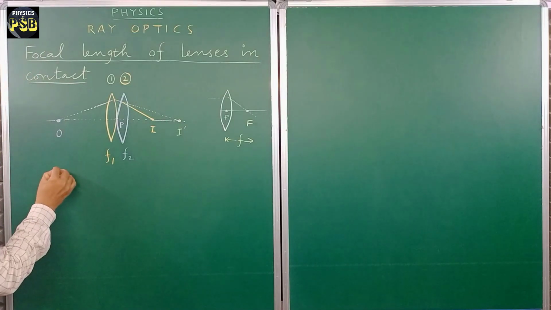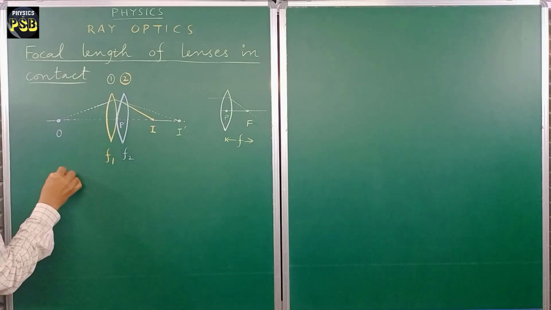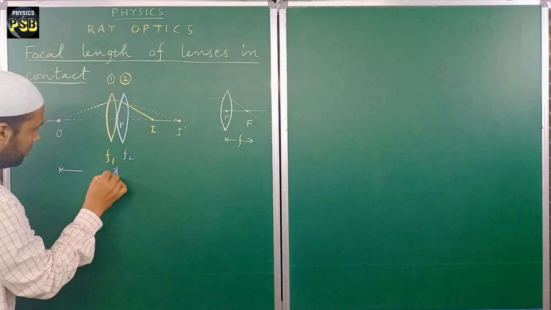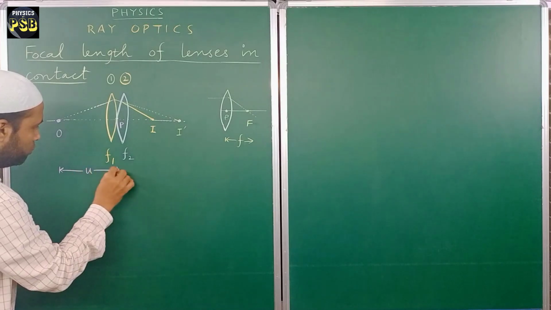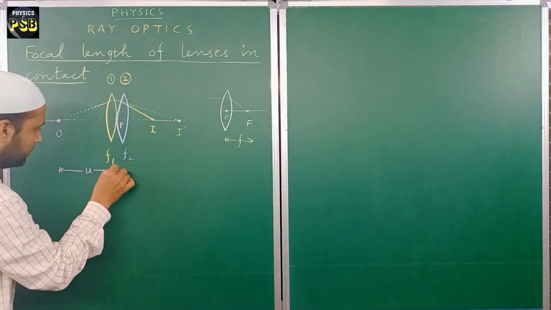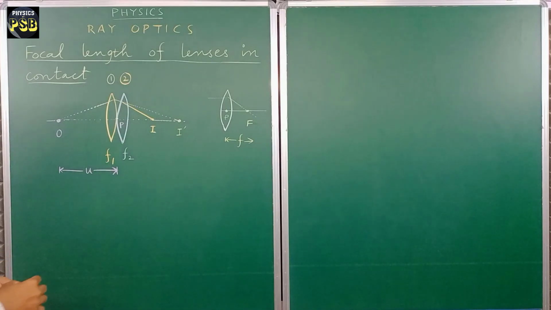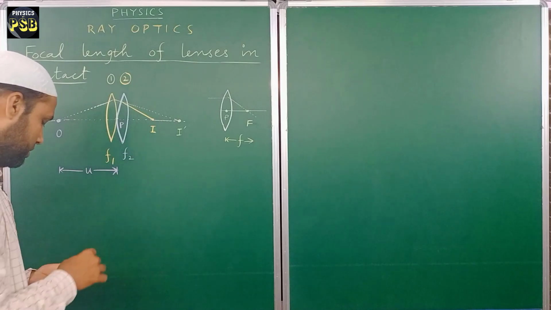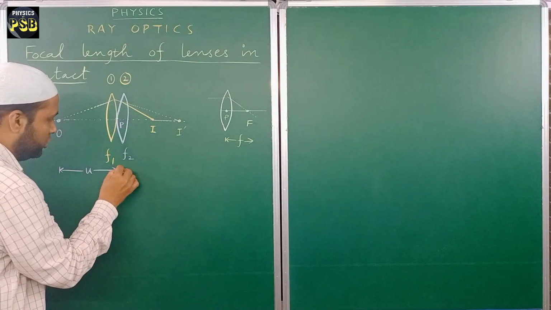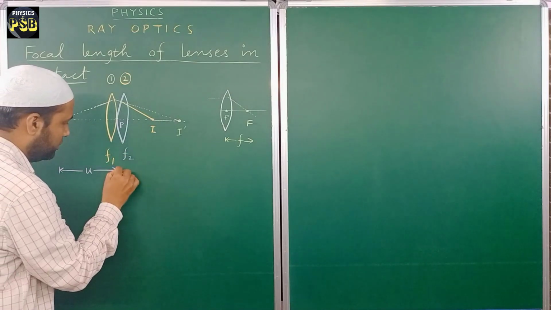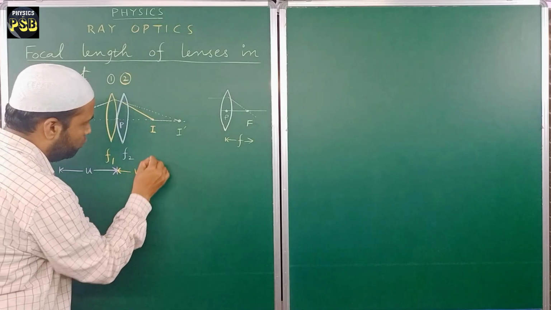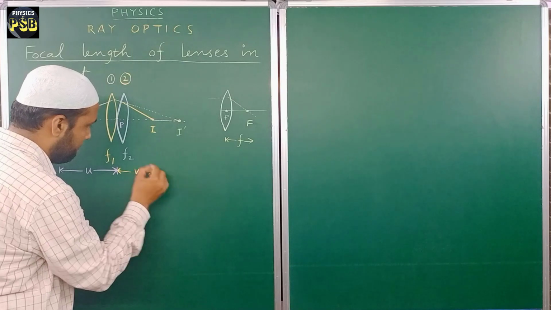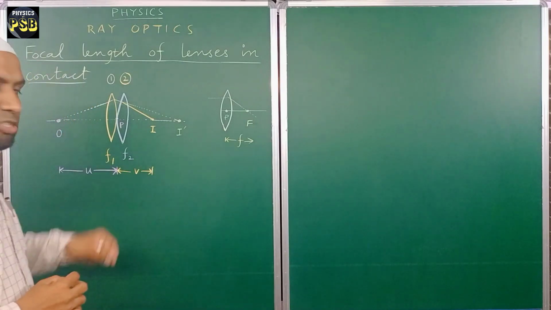So the distance between O and P is taken as u, which is nothing but the object distance, and the distance between the pole and the image is taken as v, which is nothing but the image distance.